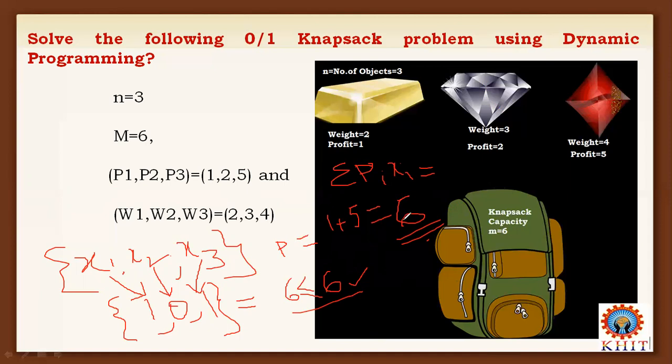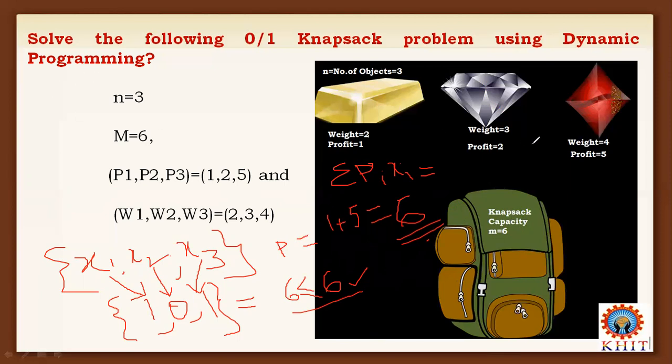So the customer will benefit by filling the knapsack with item x1 completely selected, item x3 completely selected, and item x2 not selected, so he can gain more profit by satisfying the condition.